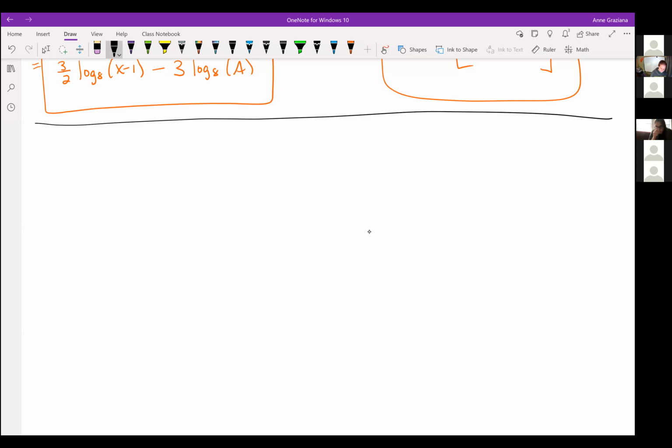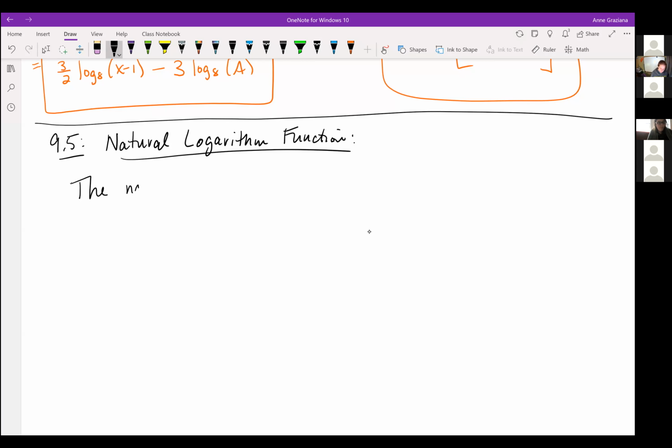All right. Now, section 9.5, I'm just going to say a couple words about this. It's about the natural logarithm function. The natural log function, f of x equals ln of x, is special.